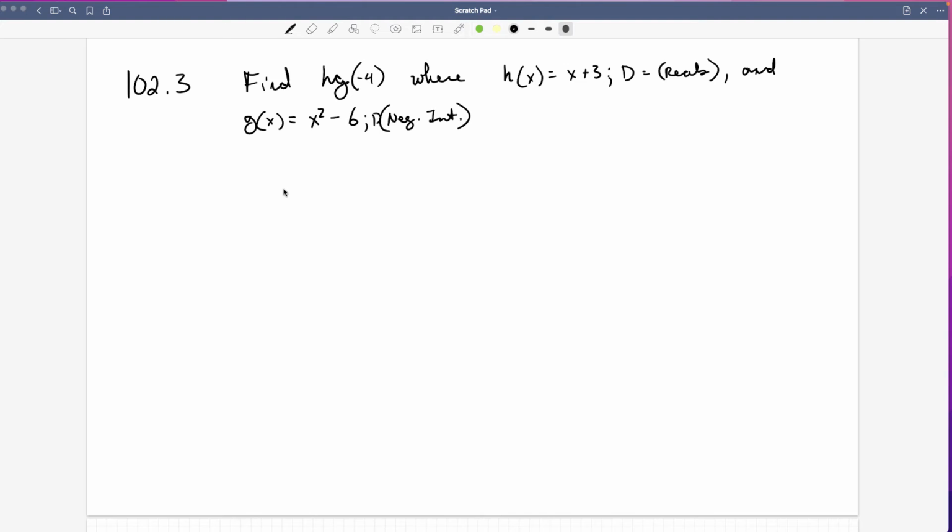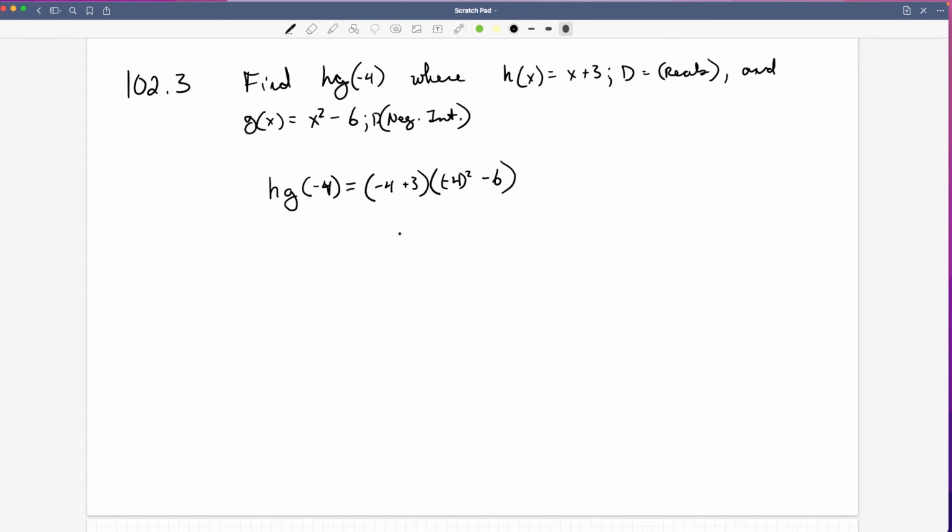Alright, so let's multiply them together. So hg of negative 4 would equal negative 4 plus 3 times negative 4 squared minus 6.